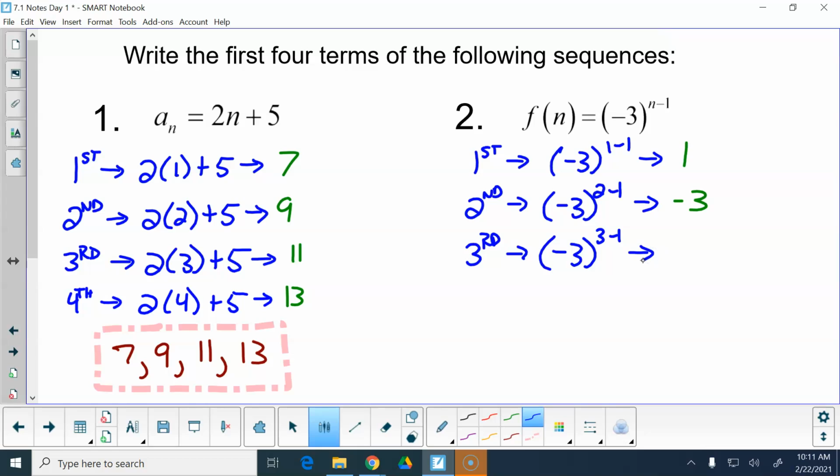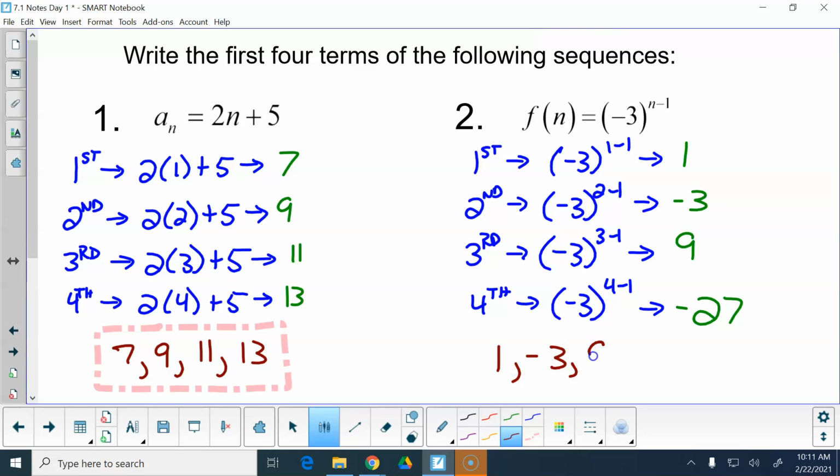Then 3 minus 1 is 2, and negative 3 squared is 9. Then 27. So again, this sequence would be 1, -3, 9, -27 as the first 4 terms.